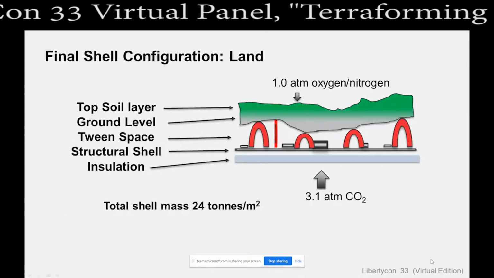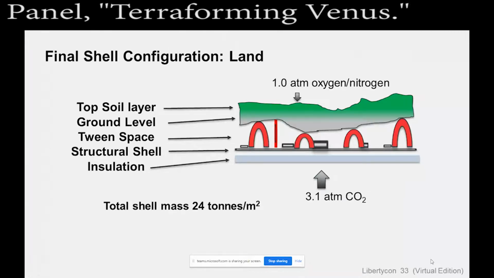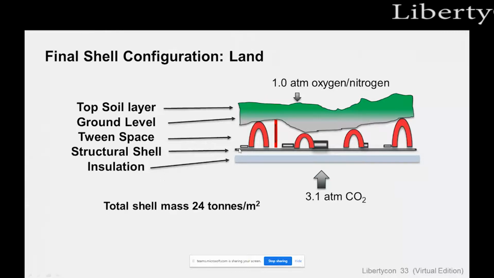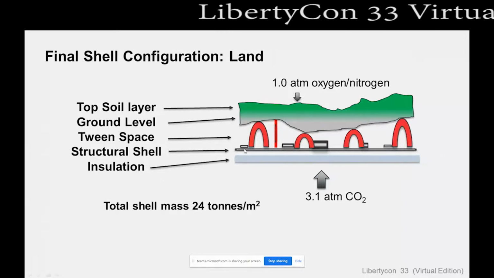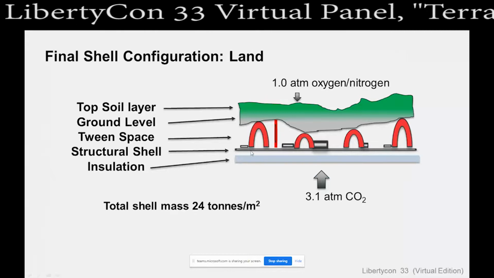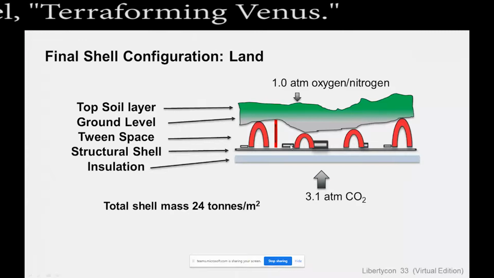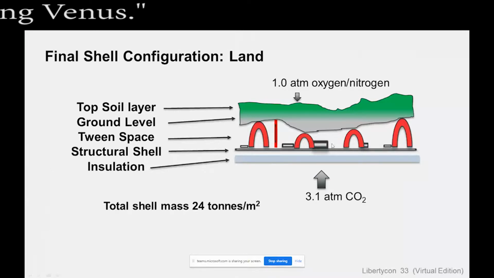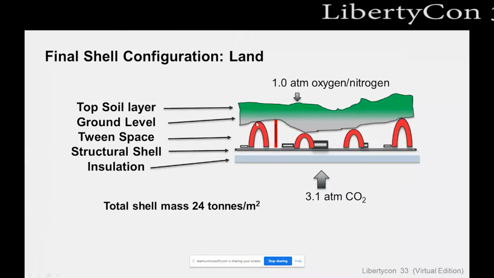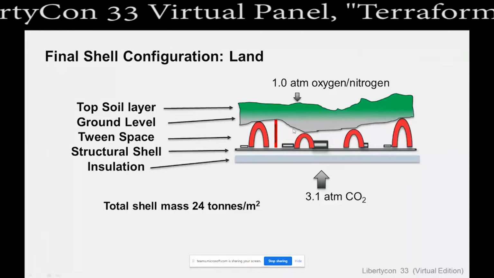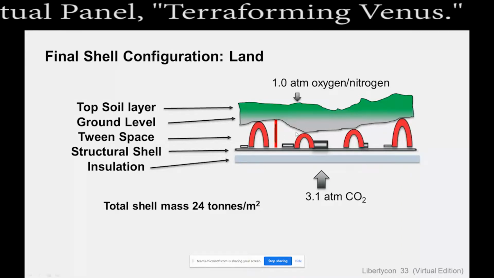So what will the final configuration look like? There's lots of possibilities. This is just one that I would suggest. Here's the original shell. It's probably been beefed up and reinforced. Maybe it's got a lot of graphene and carbon fiber on it now. The atmospheric processors and other utilities are located on the shell. And here we're going to have arches and columns supporting a membrane, maybe a steel or aluminum membrane, or maybe an advanced material membrane.